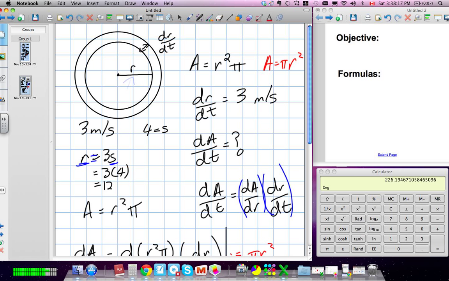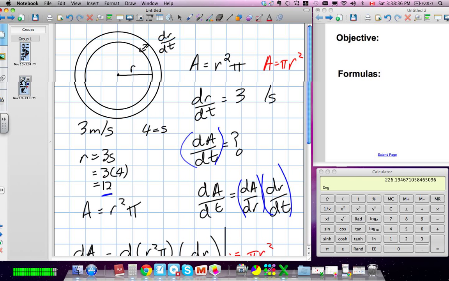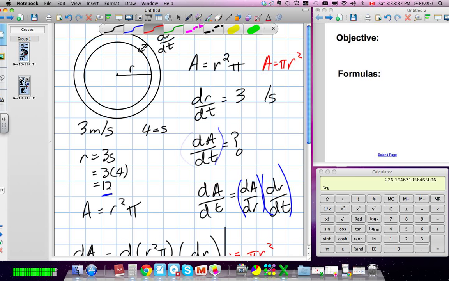So because they want us to find the radius after 4 seconds, we'll be taking 3 by 4, which equals 12. So at the point in time where we're trying to find the change in area, we know the radius of the circle will be 12, and sorry, I've written meters, it should be in centimeters here. We know it's going to be 12 centimeters large at that time.